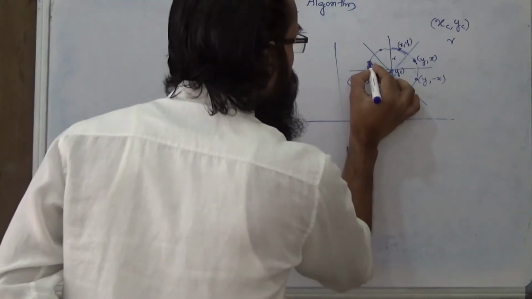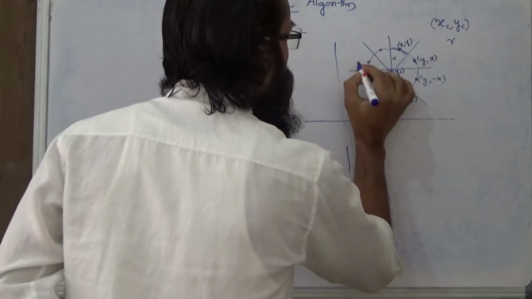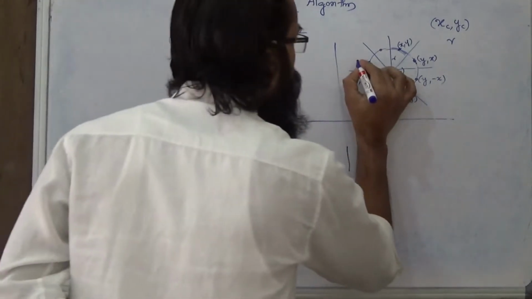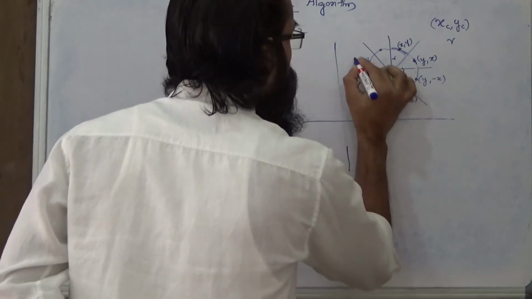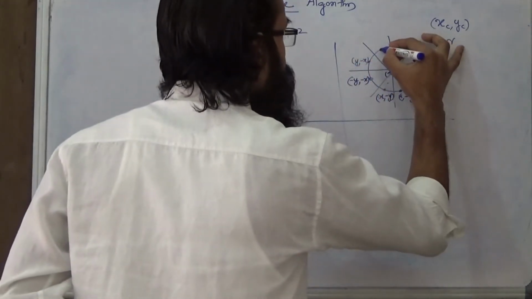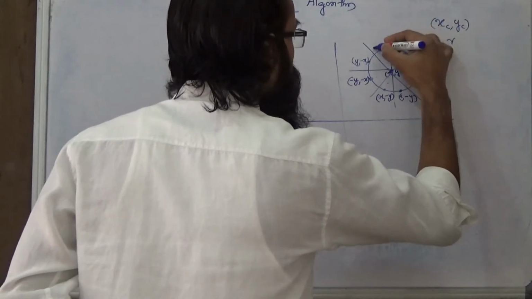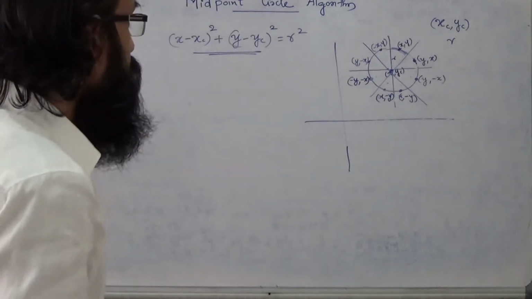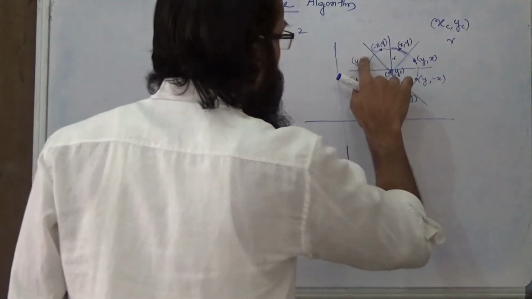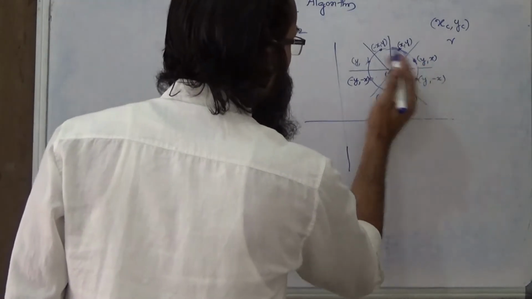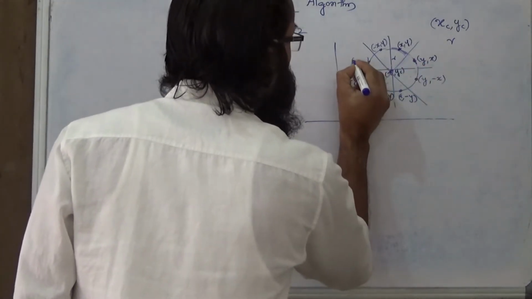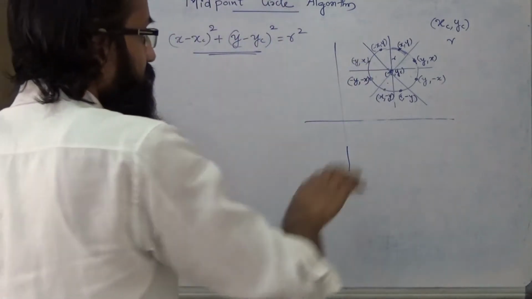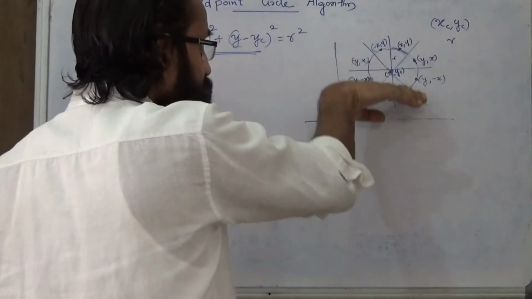Here it will be y, minus x. Here it will be minus x, y. And here it will be minus y, x.